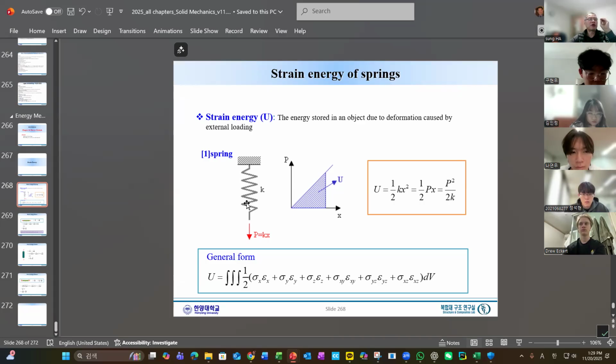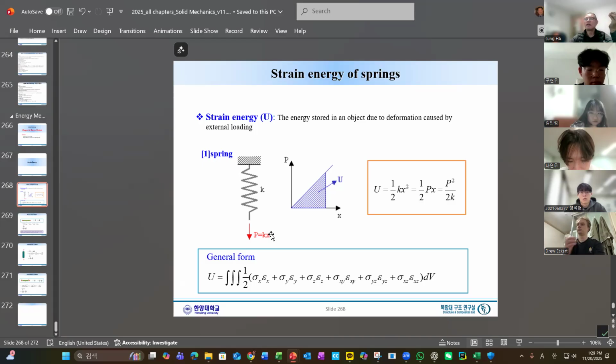The spring constant by definition, P equals Kx, means that you start from zero P, starting from a zero x, right? We cannot apply P suddenly. We cannot have P from zero instantly. Always we start from zero and gradually increase to P, right?